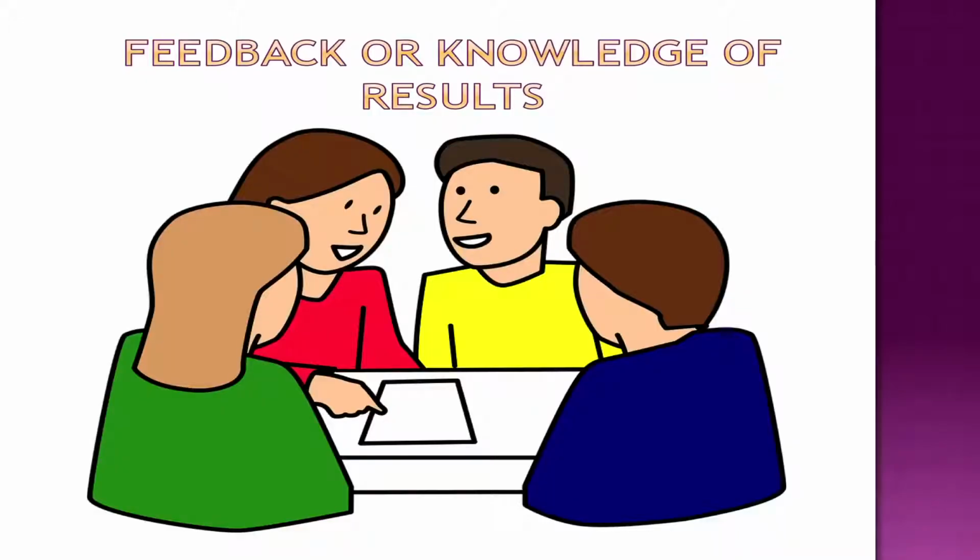Number 2 is feedback or knowledge of the result. It is another motivational variable. If you are provided with knowledge of results or feedback, the efficiency of your learning is increased. For example, while learning to type, knowledge of one's performance on each trial will help to know where the person has made mistakes.